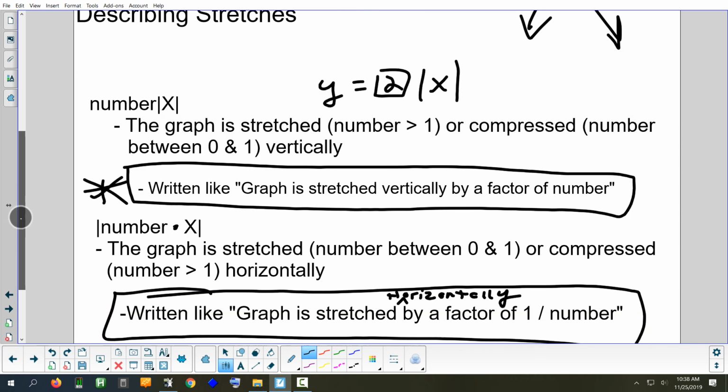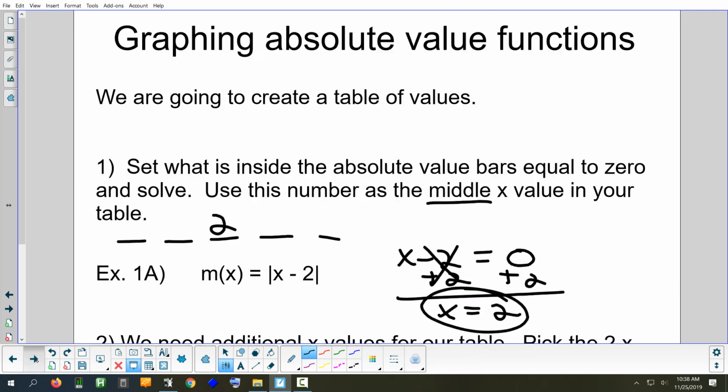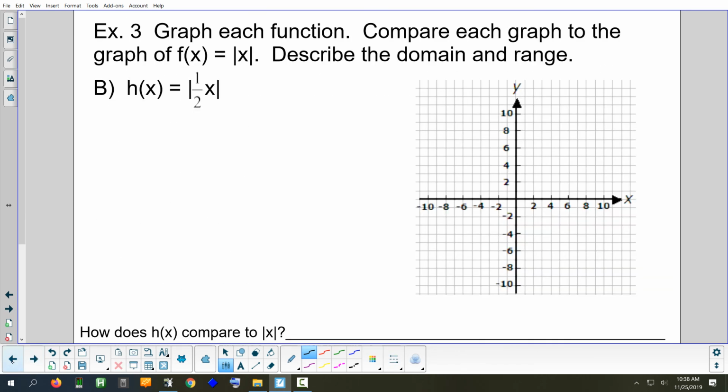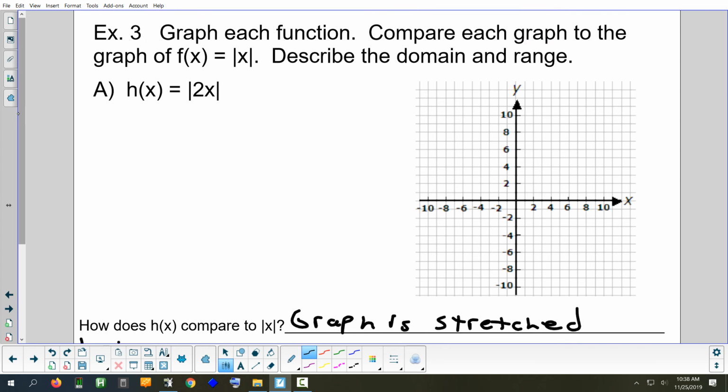Let's look at how you describe it. Graph is stretched horizontally by a factor of, and now we're going to write that. So let's put that in. Graph is stretched horizontally. And again, how did we know that? We had to look up what it meant to put a number right in front of the x. That was box 2.